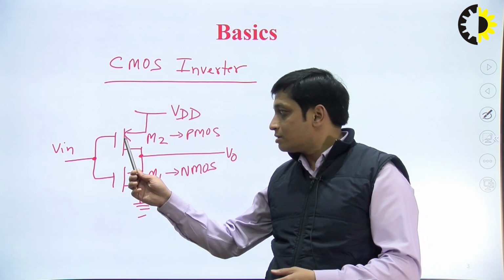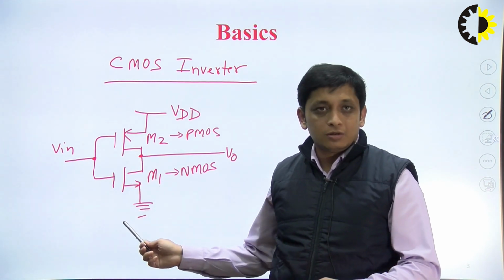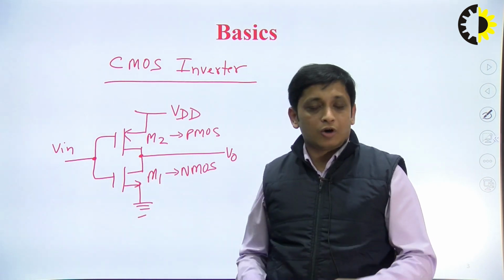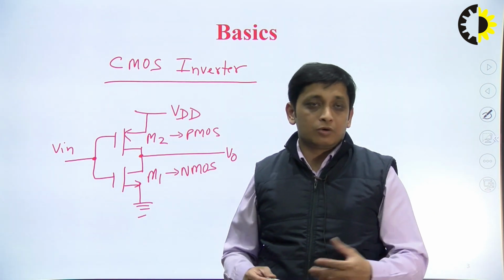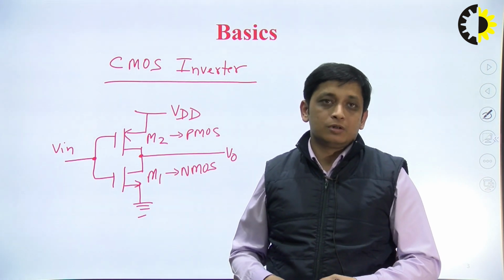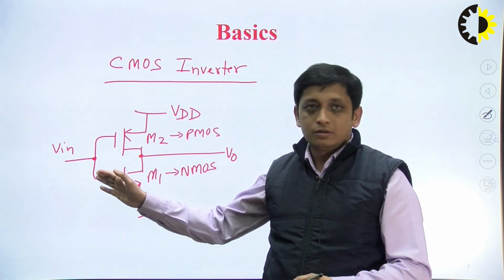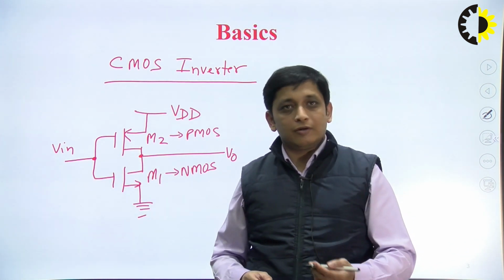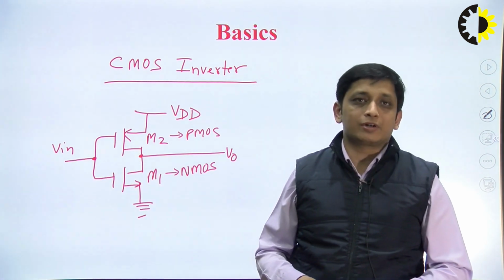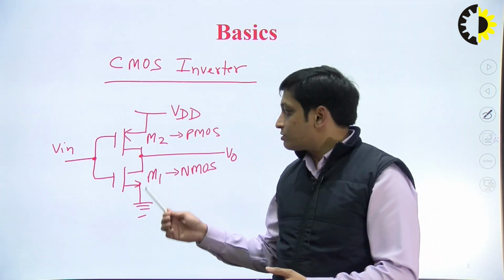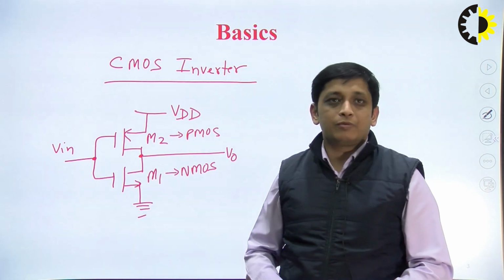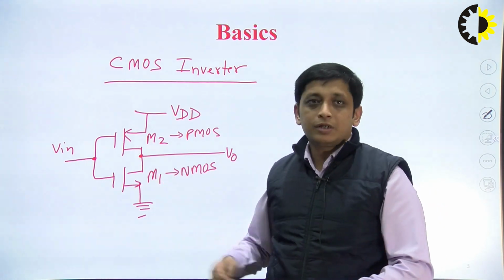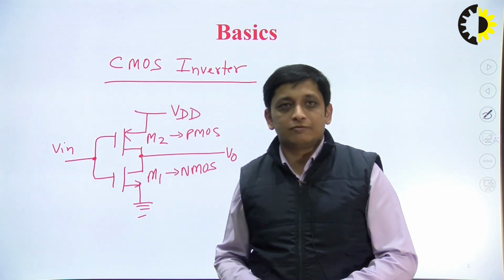Similarly, if Vin is high, then NMOS will be on, so output will go to the lower voltage side, so output will be low. So, for logic 1 input we get logic 0 and vice versa. That is why it is called an inverter, and it is CMOS because we are using NMOS and PMOS transistors in this arrangement.